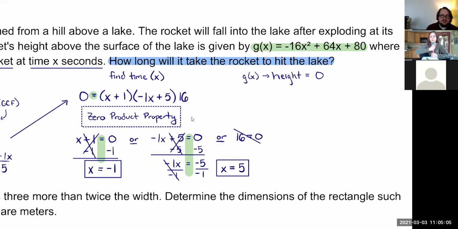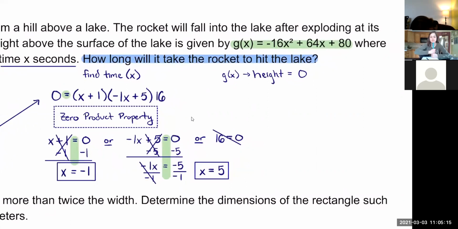If you told someone it took me -2 hours to get home, what does that mean? Are you traveling backwards in time? So off to the side here, let's make a little summary statement. Time cannot be negative.